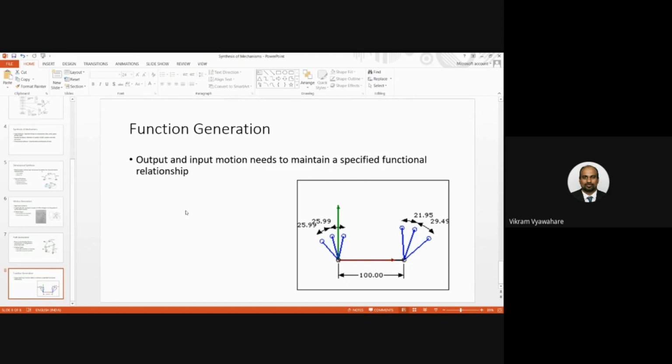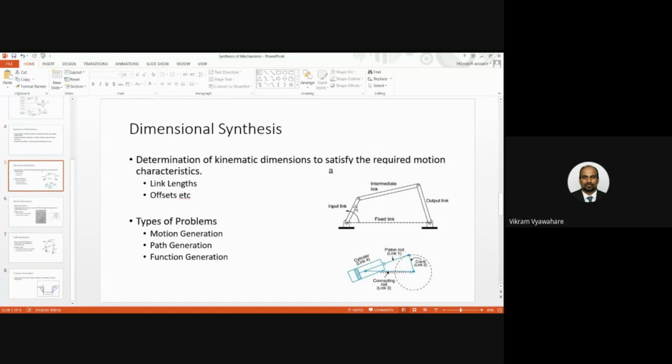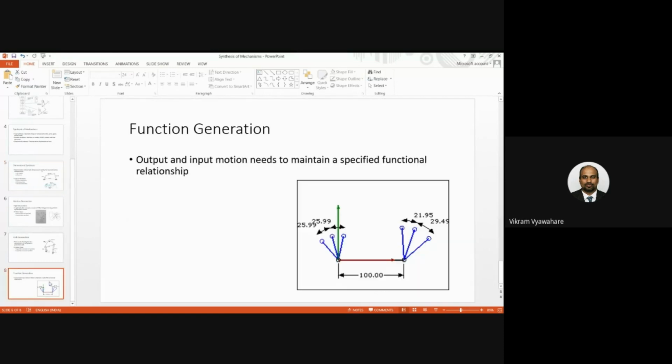Then we have function generation. Here we have an input link and an output link. The input link and output link have to maintain a functional relationship: the input link moves some degrees, then the output link correspondingly has to move by some degrees.